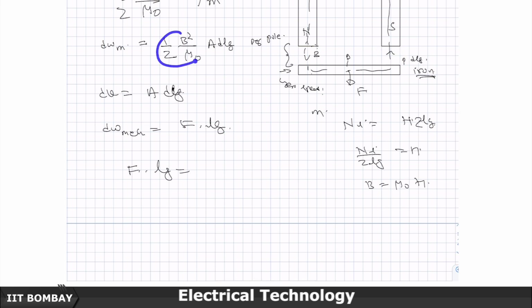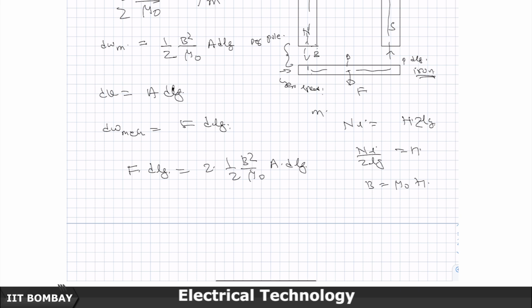So, I will have to do 2 times. So, I will write it as 2 times half of B square by mu naught A times dlg, and this is F times of dlg, and the mechanical work done is F times of dlg.